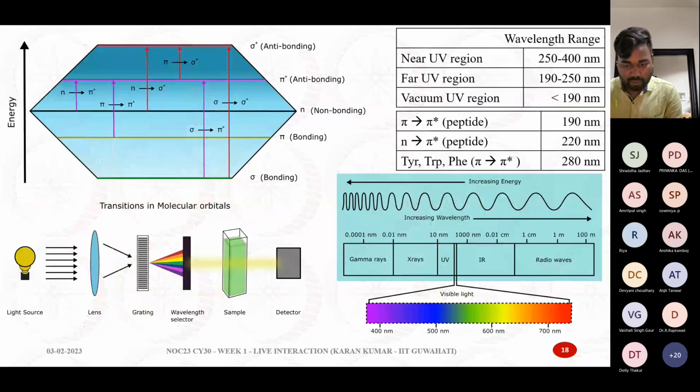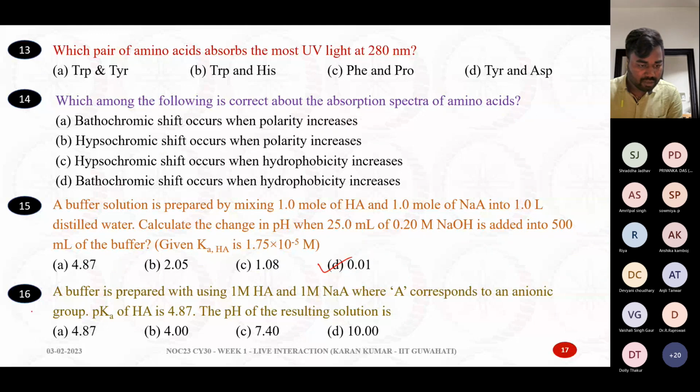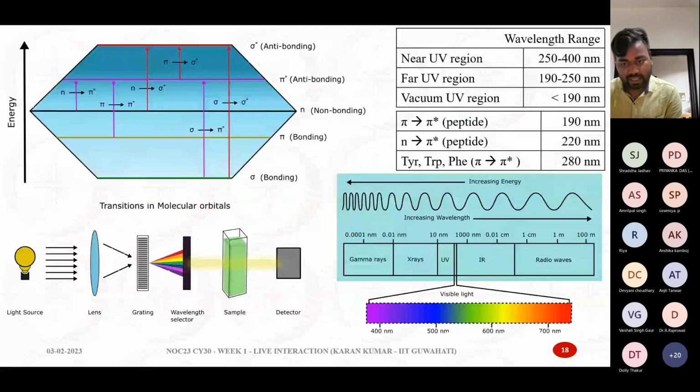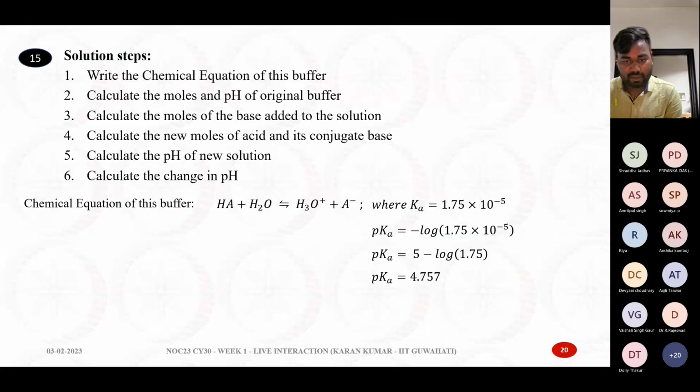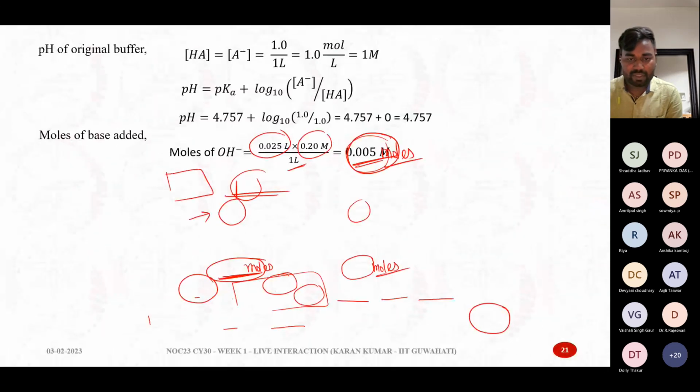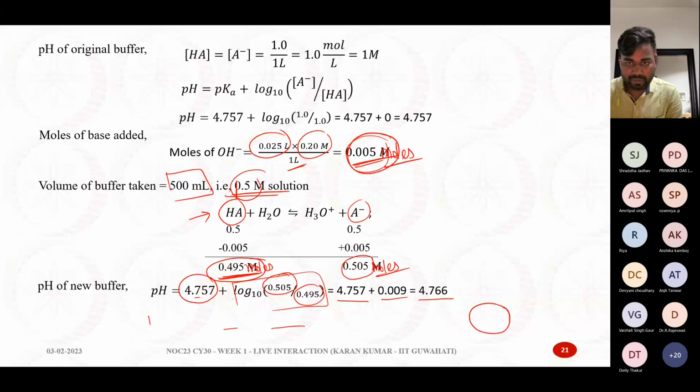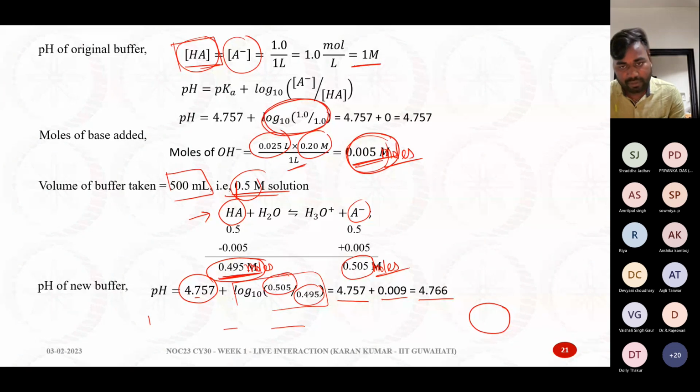Now for question number 16 also, the question is answered while we were discussing the calculation of pH of the original buffer. When the concentration of acid and the concentration of its conjugate base are the same, the logarithmic value will be 0, because log of 1 is 0.